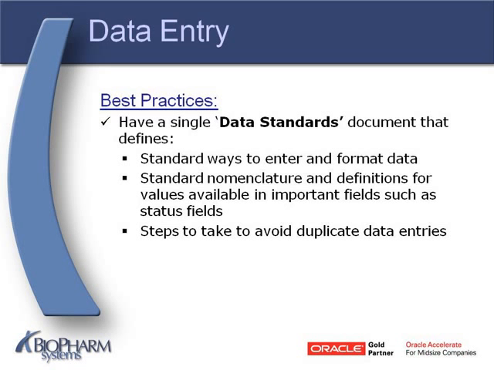Standard nomenclature and definitions for important fields, such as status fields, should also be included to make sure everyone has the same understanding of sometimes similar terms. You should also outline the steps to take to avoid duplicate records. All users should be trained on the standards document, know that it is mandatory that they follow the standards, and be informed of any revisions to the document.